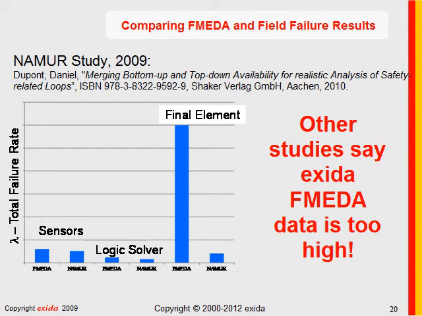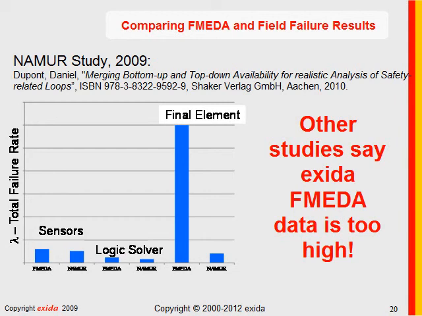One other major comparison of FMEDA data to field failure studies was done by Namur in Germany. In this particular study, although the information was not in a directly comparable format, a PhD thesis was published with some nice detailed data, and failure rates could be reverse engineered.